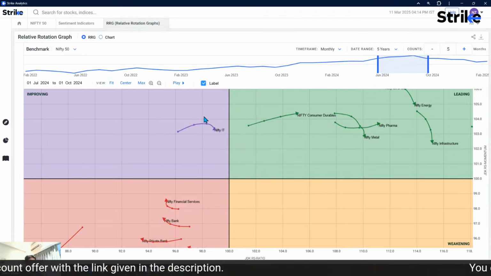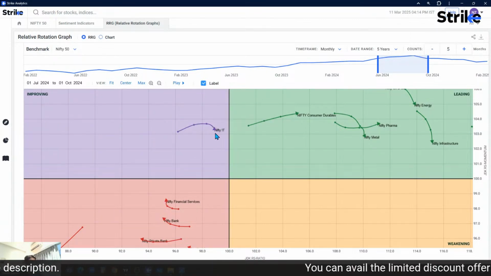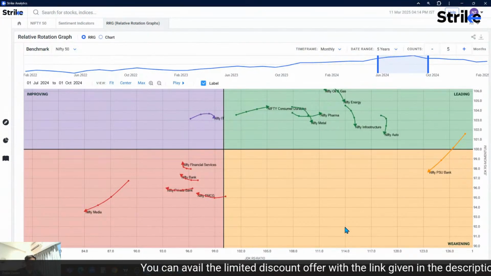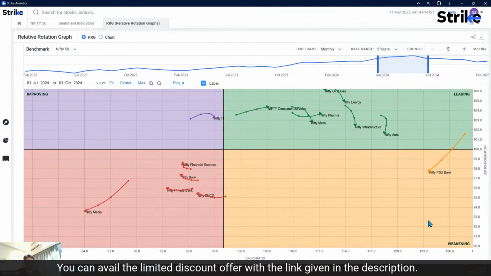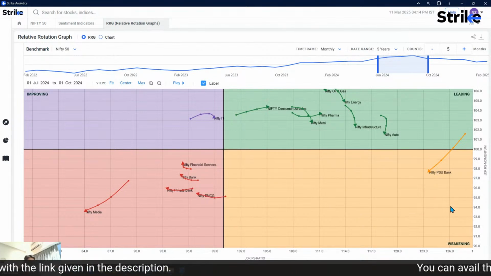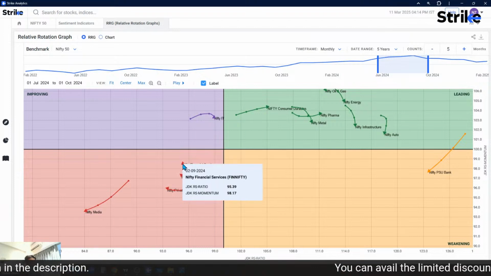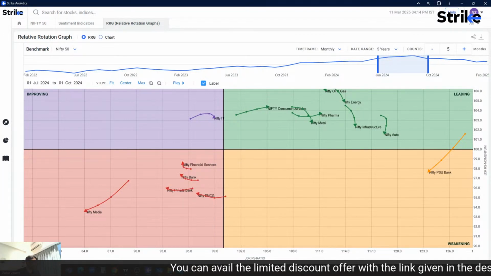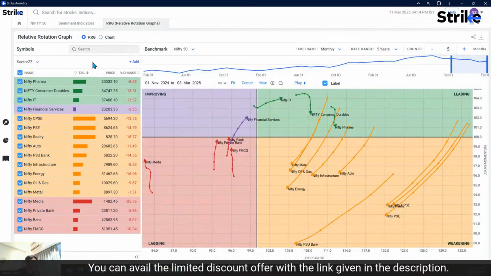And IT is something that is still looking good, but it's sloping a little bit downwards. So over here, what one can do is at least switch over from PSU, sell PSU, or take out some of the investments from there and get into financial services. If that would be the case, let's focus on these two only.